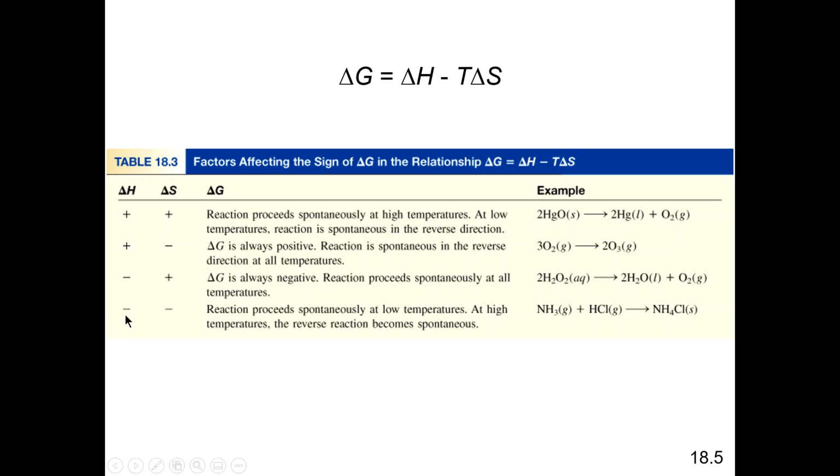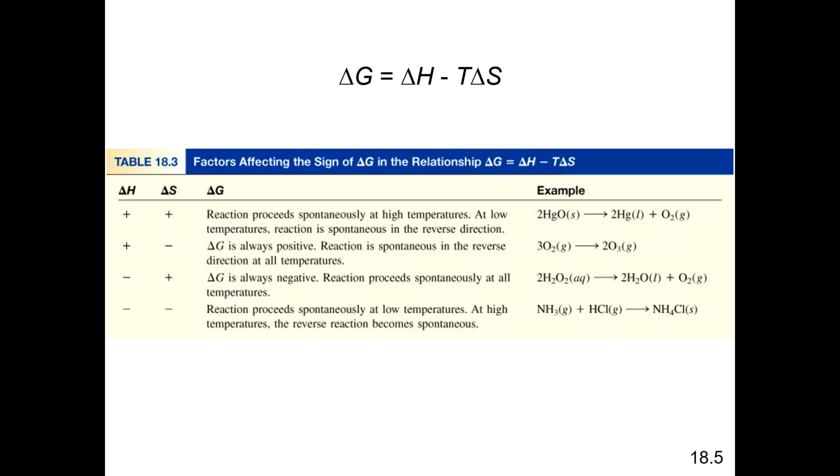And then finally, if delta H is negative and delta S is negative, then again, it depends on whether or not the temperature is high or low. If the temperature is low, that means that delta G is going to be negative, and therefore the reaction will be spontaneous.